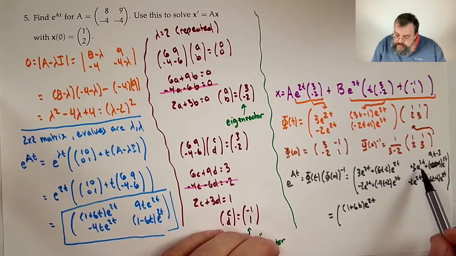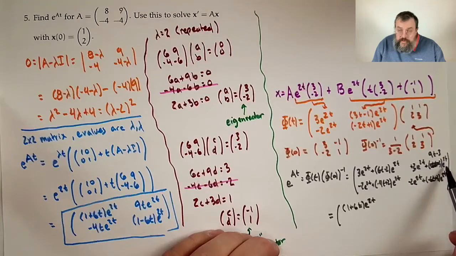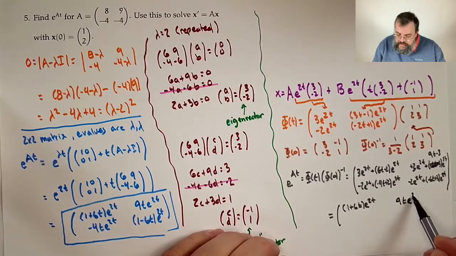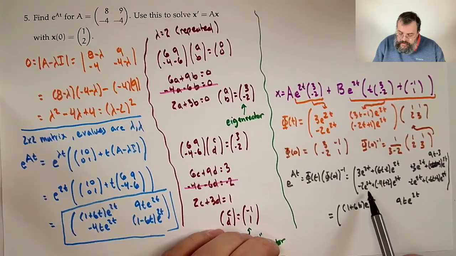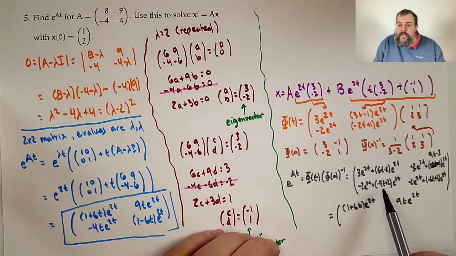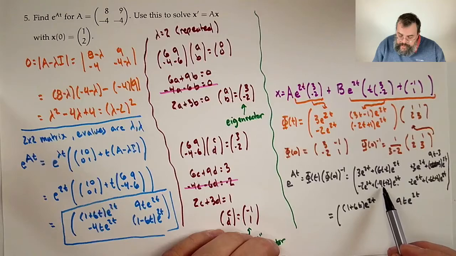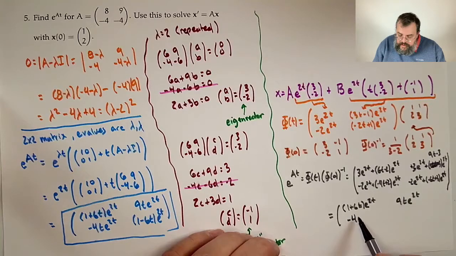3 e to the 2t, and then we have minus 3 e to the 2t cancel, so we're left with that 9t e to the 2t. Down here, minus 2 e to the 2t, and then there's going to be a plus 2 e to the 2t, cancels, and what's left? Well, that minus 4t times e to the 2t.